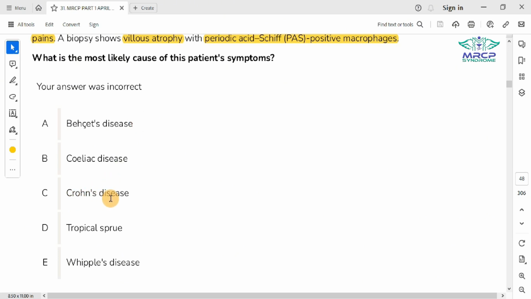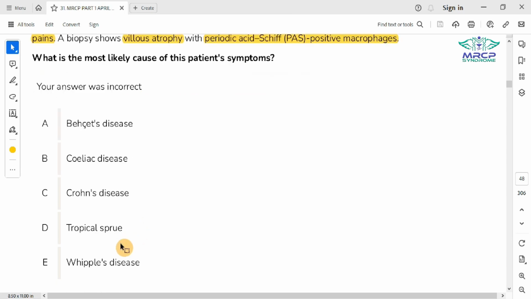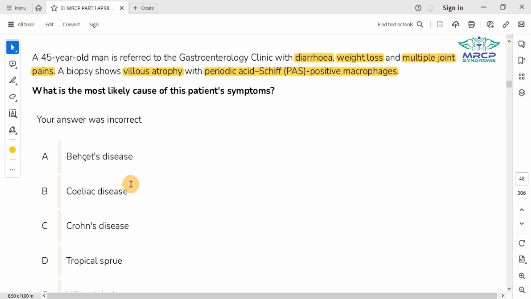So patient with celiac disease, they may also come up with the features of malabsorption, but they are usually associated with the dermatitis herpetiformis. And in case of dermatitis herpetiformis, there would be itchy rash affecting the buttocks and the posterior thigh. And in case of Crohn's disease, if we go for the biopsy, there would be predominantly lymphocytic infiltration.